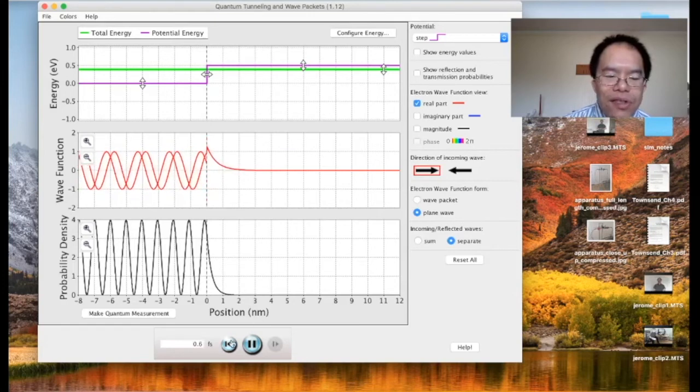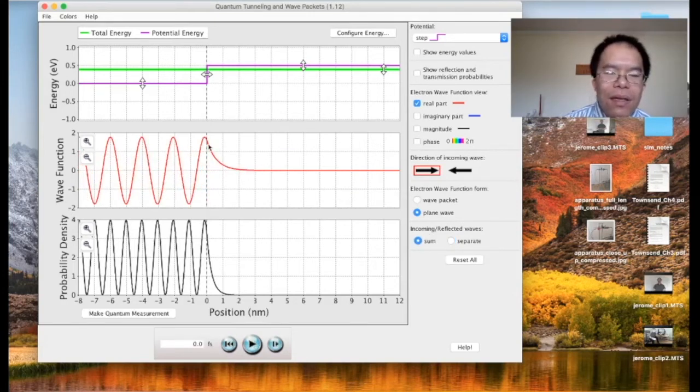What we'll notice if I reset time is that over here in this classically forbidden region where my total energy is less than V, this wave function decays, it looks like it might be exponentially, into the forbidden region.